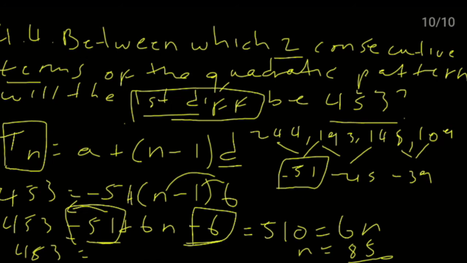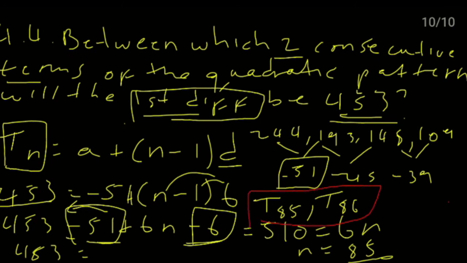So meaning that term which has the value of 453, is term 85, right? So consequently, the term that follows the 85th term is term 86. So that's your answer. Those two consecutive terms are T85 and T86.